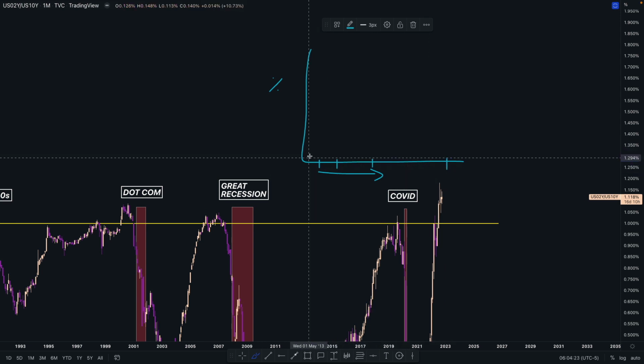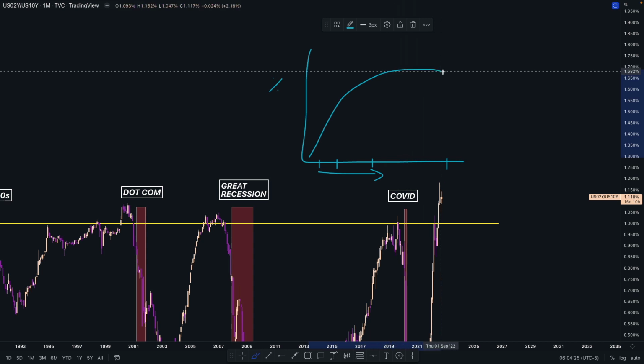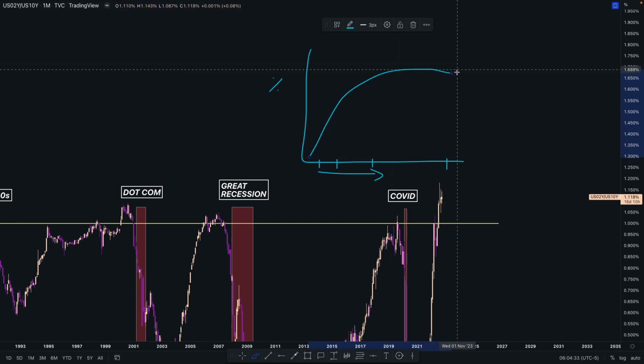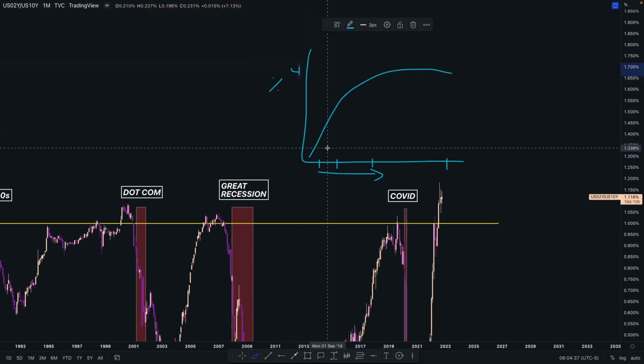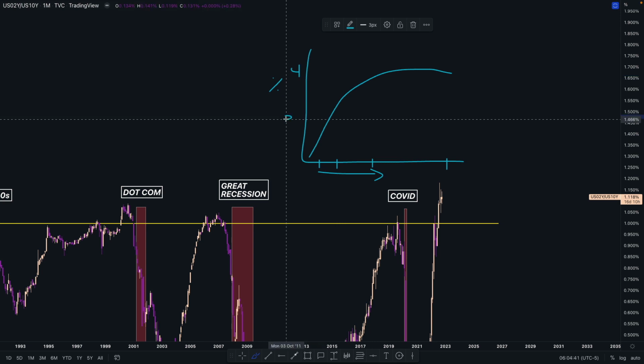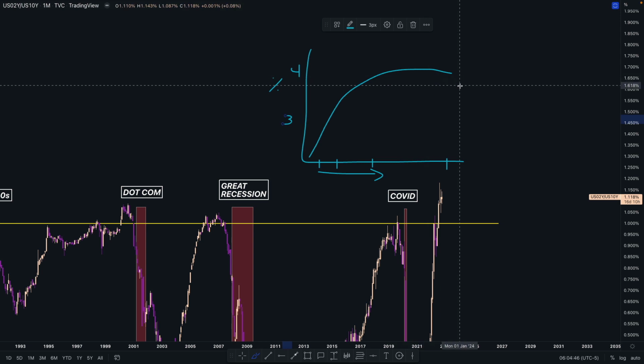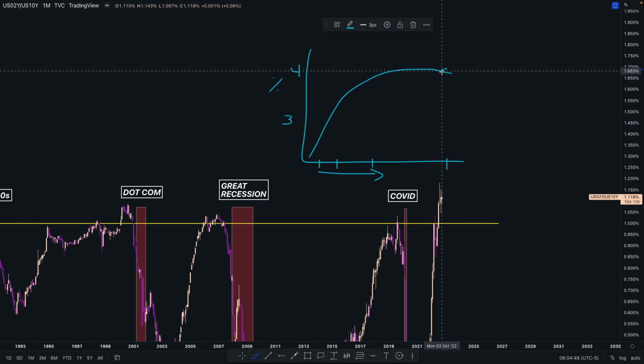You would think that as time progresses, you would get more yield percentage or more returns on your investment, right? If you're willing to invest in the United States economy for 30 years, you would probably get a 4% return. If you're only willing to invest in it for, let's say, 2 years, well, maybe you're only going to get a 3% return. So there's more of an incentive to invest in the US economy for a longer period of time.